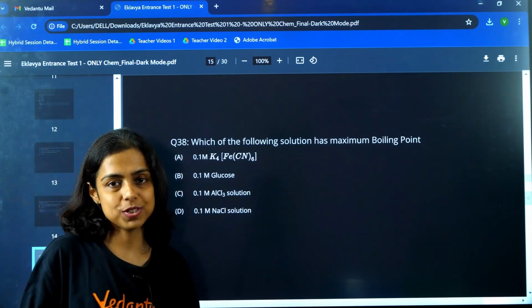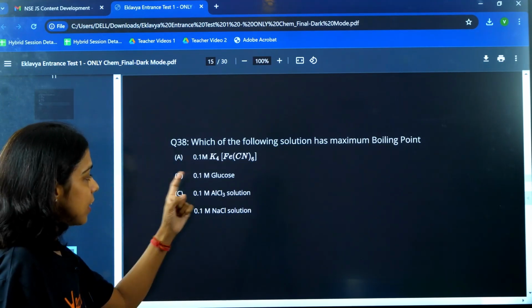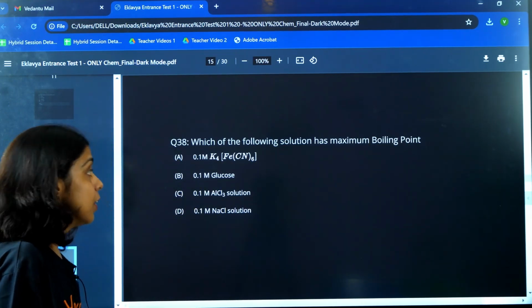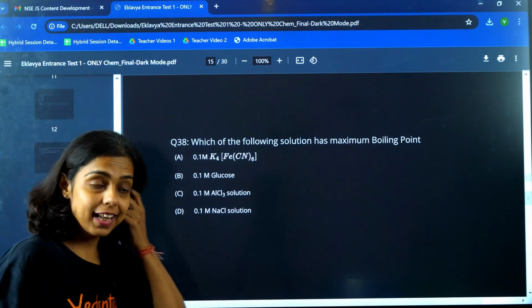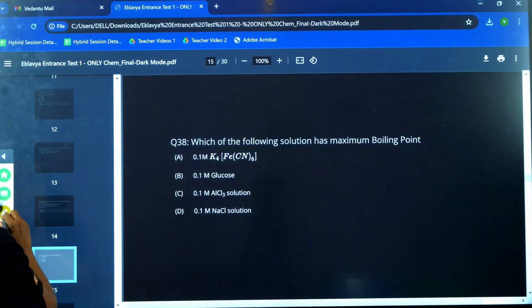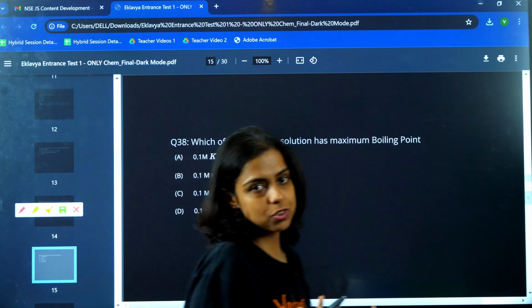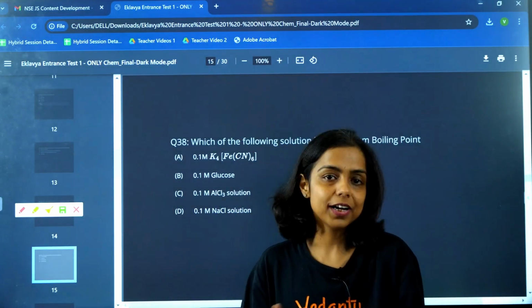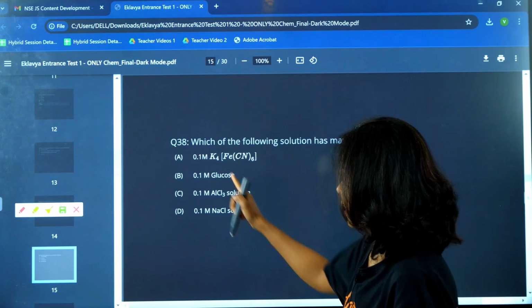Molarity of all the options is the same. So we have K4[Fe(CN)6], glucose, AlCl3, and NaCl. Let's see which will give the maximum number of particles in solution, because some of them will dissociate and break into ions.